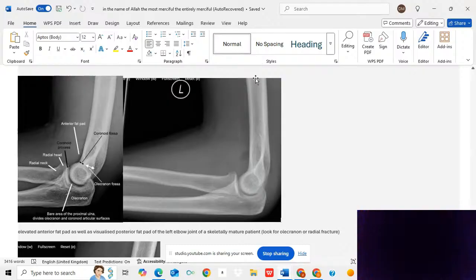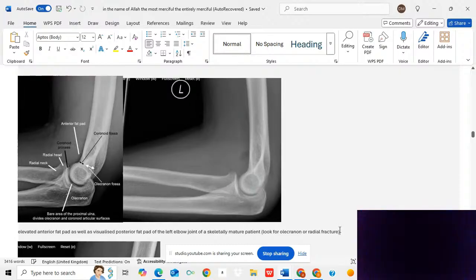Okay, so in this case, there is elbow joint effusion, but I can't see any evidence of radial head or neck, and there is also no evidence of olecranon process fractures. Okay, I can't see any fractures.